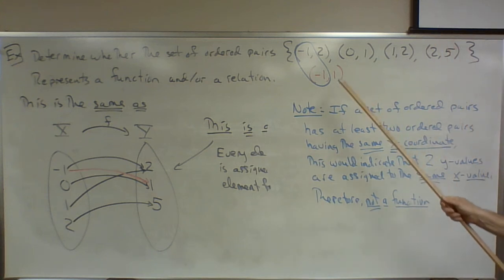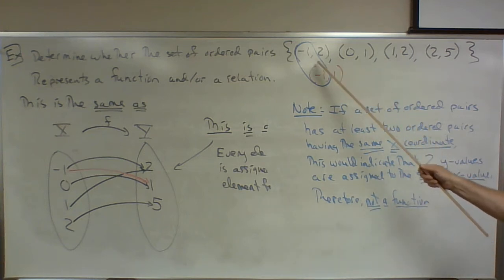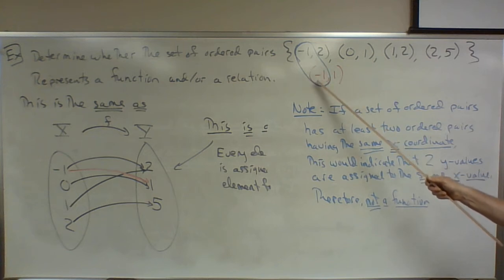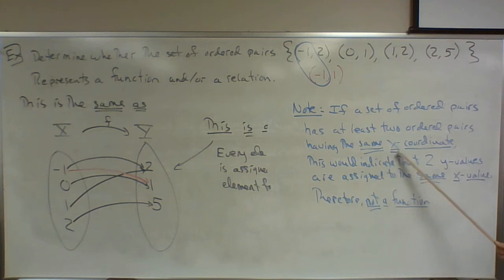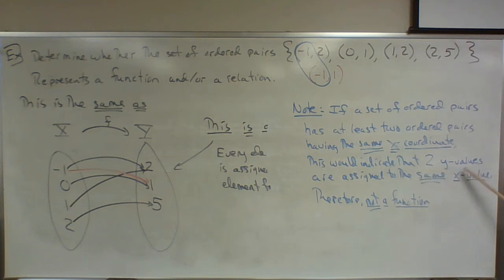If something like this happens, where we have a set of ordered pairs, and 2 of these ordered pairs have the same x value, this means that the same x coordinate would be assigned to 2 different y coordinates, or that 2 y values are assigned to the same x value.